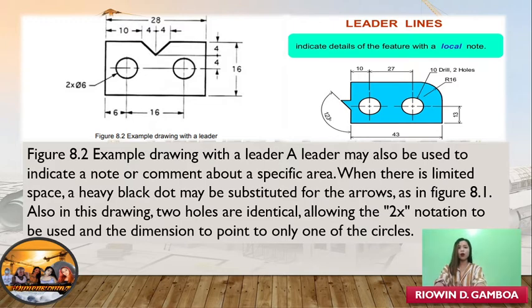Always use an arrowhead when leader lines terminate at the outline of an object, and use dots when leader lines terminate within the outline of the object or on the surface of the object.